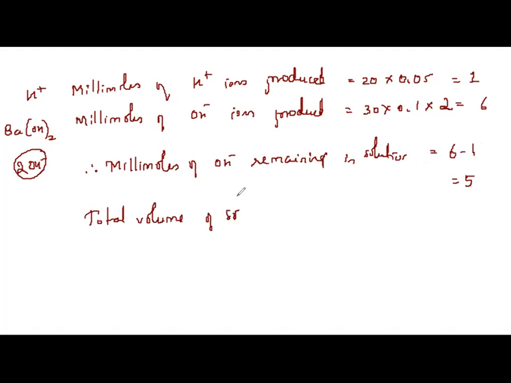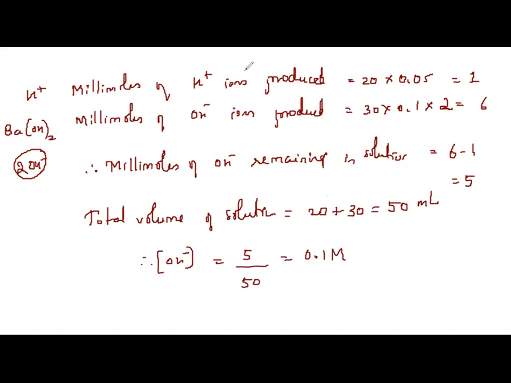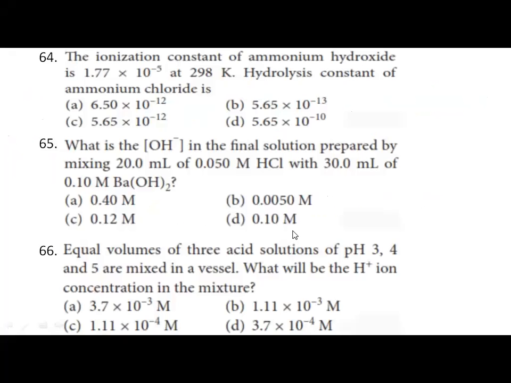Total volume of the solution is 20 ml of HCl and 30 ml of barium hydroxide, which gives me 50 ml. Yes, therefore, find the OH minus ion concentration. It will be 5 divided by 50. How much do you get? 1 by 10 is nothing but 0.1 molar. Yes, very simple question. Understood? So, which is the correct option? 0.10 molar. That is the correct option.